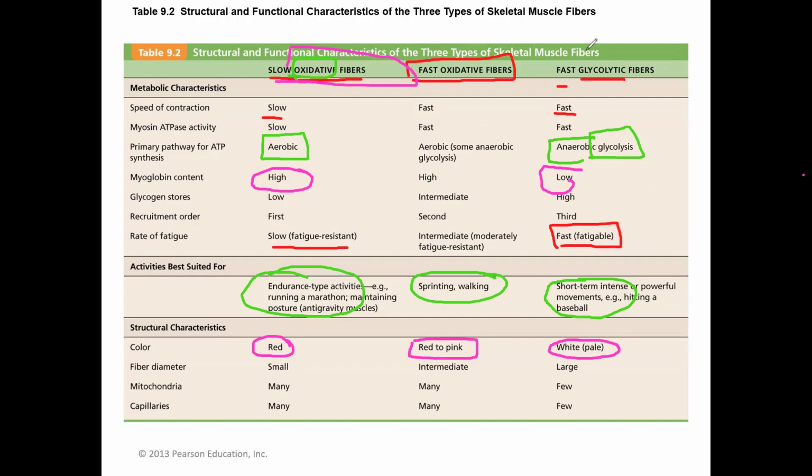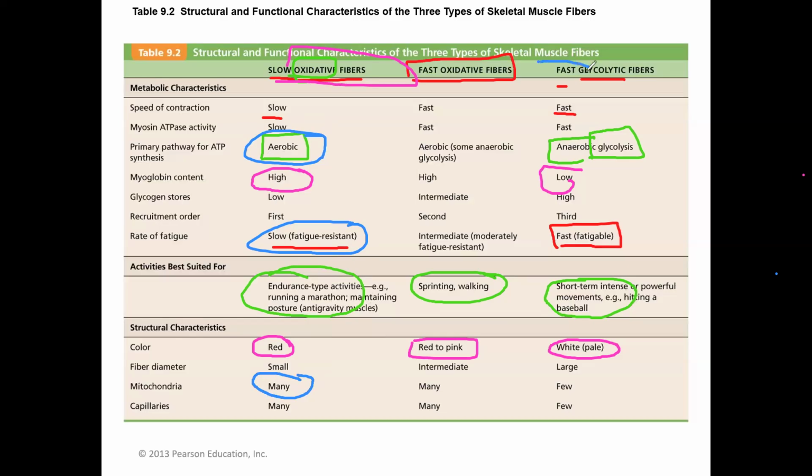Another thing we can compare is the amount of mitochondria. Remember, mitochondria are organelles that make ATP. So because slow oxidative can resist fatigue and they make their ATP aerobically, it makes sense that they would have a lot of mitochondria so that they can resist fatigue by making high amounts of ATP.